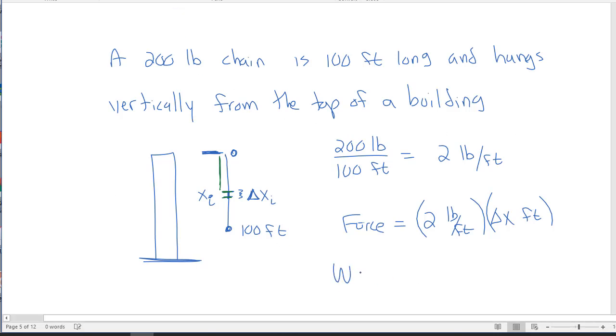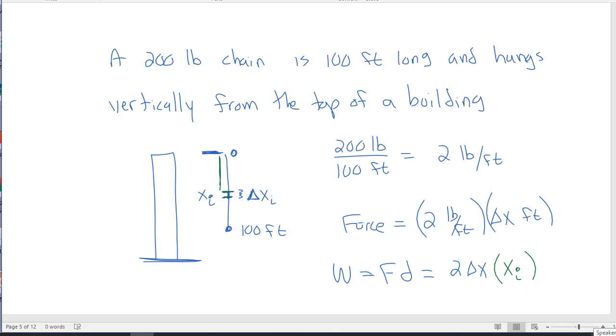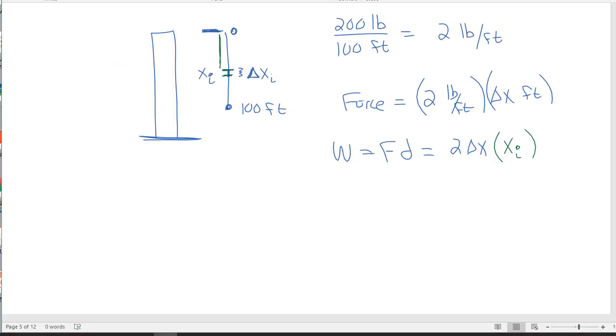So let me go back to blue. My work is going to be the force times the distance moved. So we have the force being 2 times delta x, and we have the distance moved is x sub i, the location of that particular piece of chain that we cut.